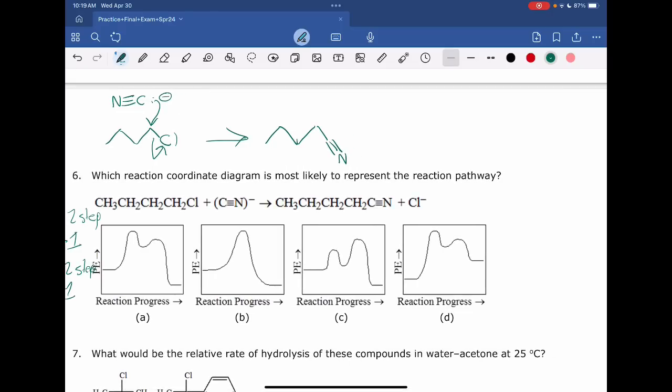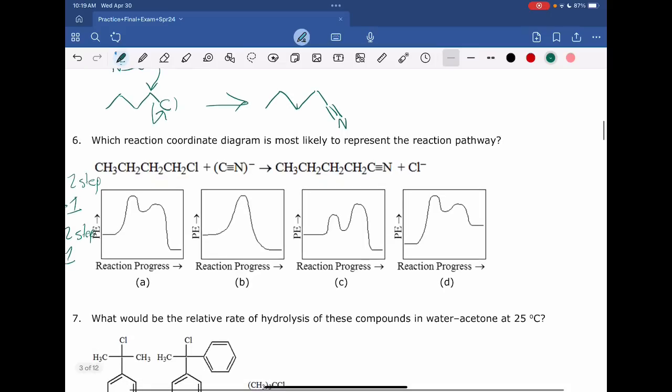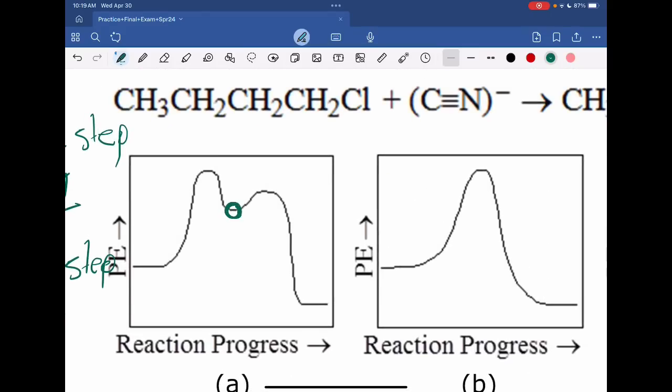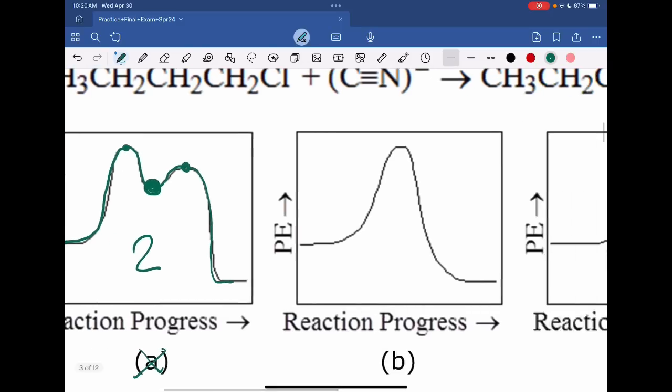So now let's look at the diagrams. Which of these diagrams looks like a one-step reaction? Diagram A has an intermediate here. You go up to a transition state and then stop at an intermediate. That's one step. And then you go up to another transition state and go to the product. That's a second step. So A is two-step, which is not right.